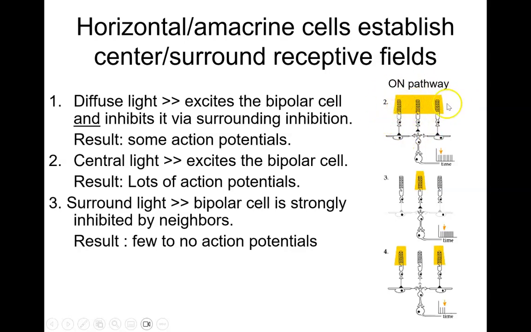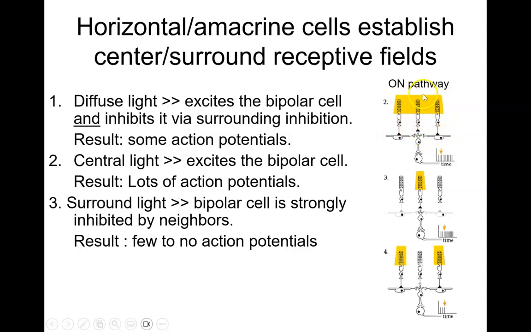if we have diffuse light shown on all three of these photoreceptors, here's our bipolar cell, here's our ganglion cell, and here are some horizontal cells. So in the case of diffuse light, we get excitation right onto the bipolar cell, but the horizontal cells, so you can kind of think of this photoreceptor as being the center, and these two basically beginning to form the surround.